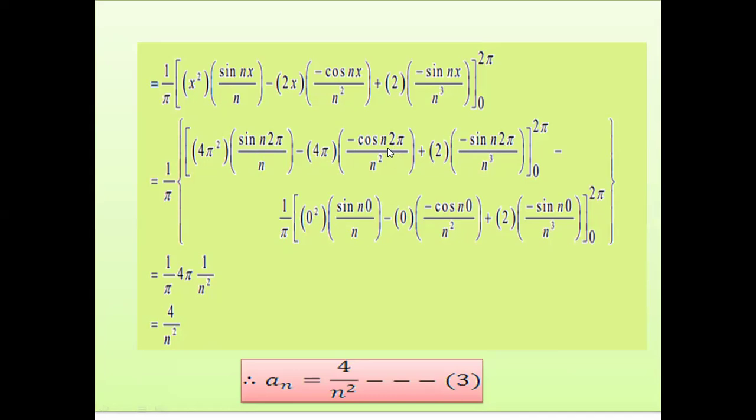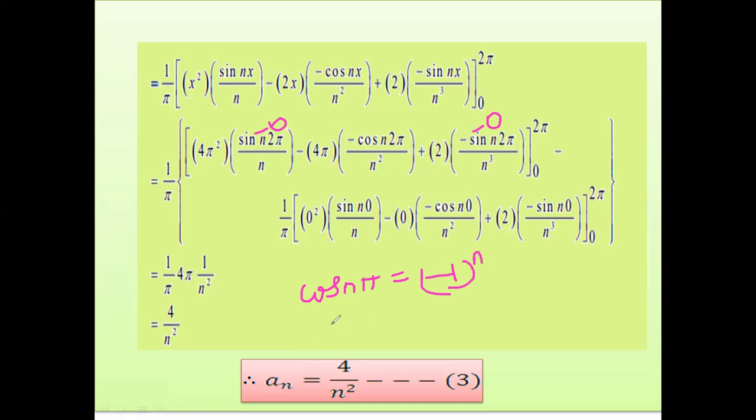Cos n 2 pi, you know the answer, will become 1. What is cos n pi? Cos n pi is equal to minus 1 power n.